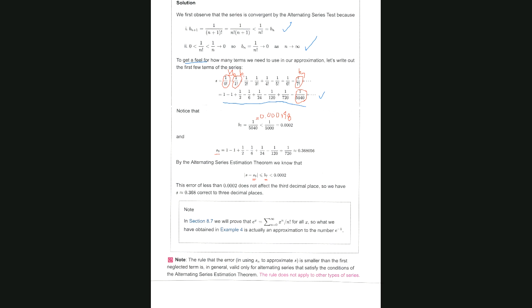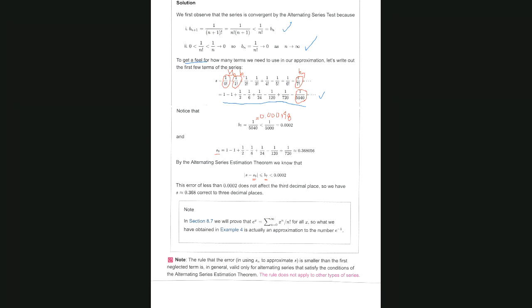So that's how you use this. You have to go out far enough. You have to take enough terms of the series so that you reach a term that won't affect the third decimal place.